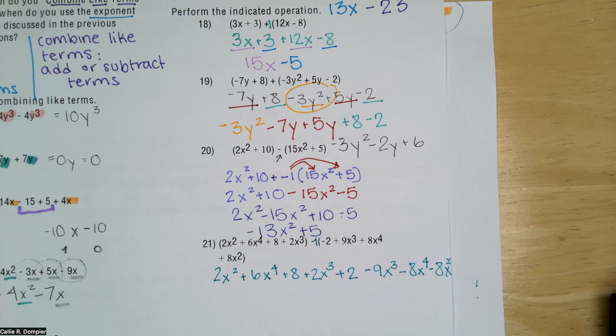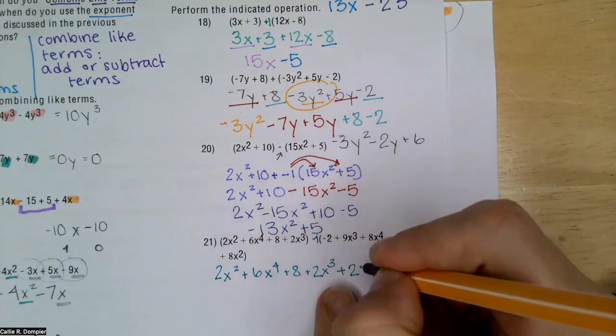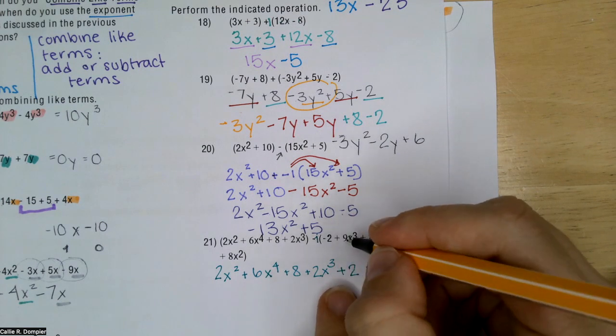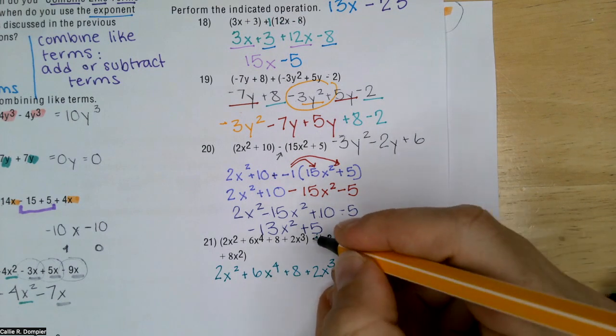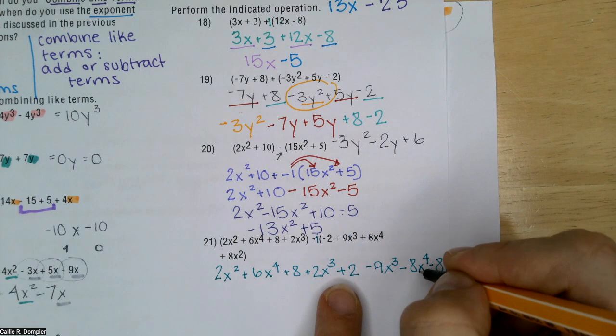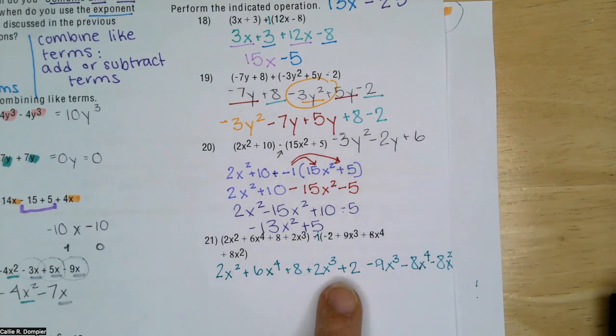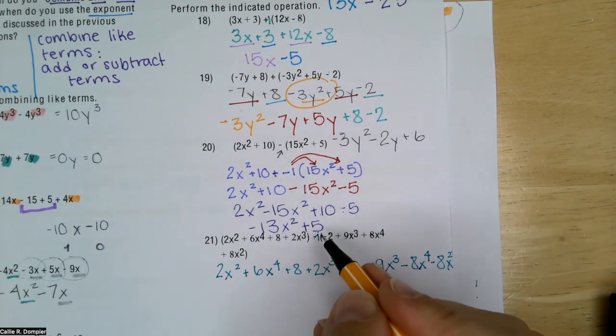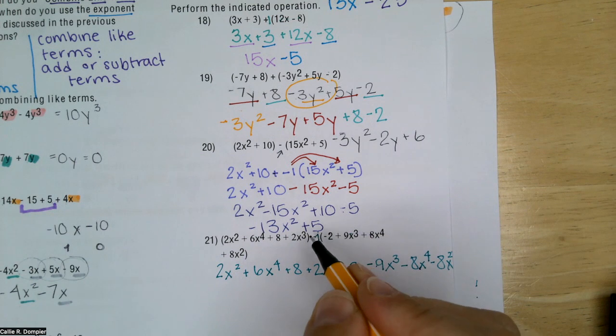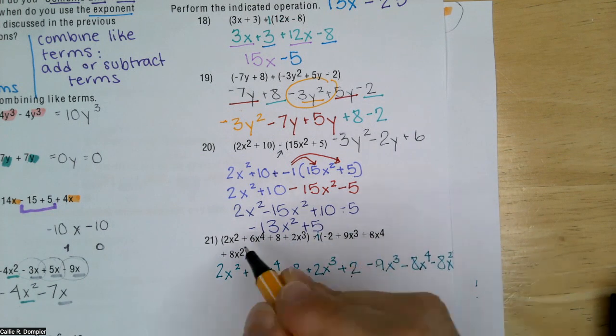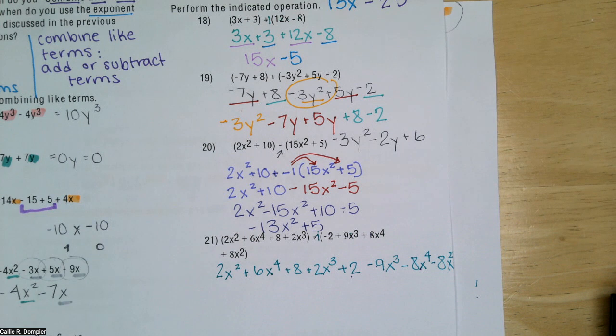So I just said -1 times a -2 is a +2. -1 times a positive 9 is a -9. -1 times a positive 8x to the 4th is a -8x to the 4th. -1 times a positive 8x squared is -8x squared. Or that's a minus sign. So I'm going to say minus negative is a positive, minus a positive is a negative, minus a positive is a negative, minus a positive is a negative, whichever way you prefer.